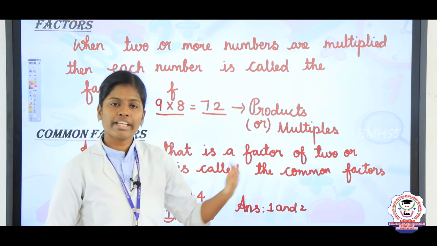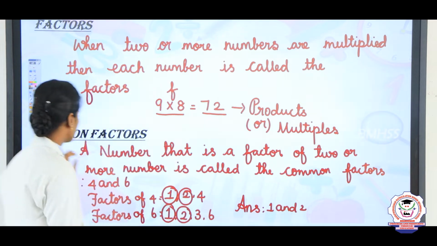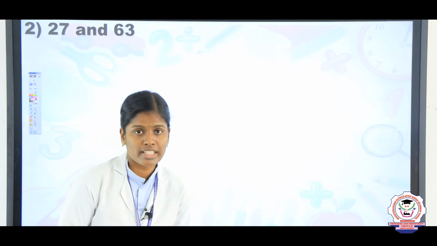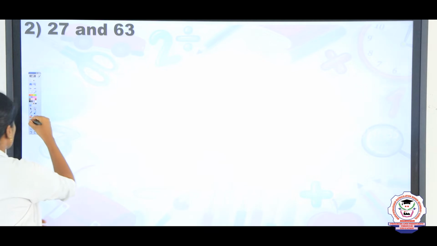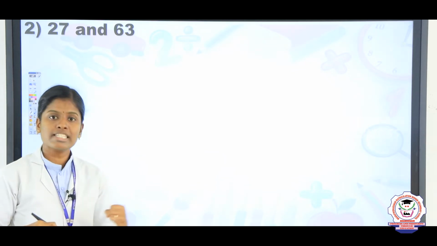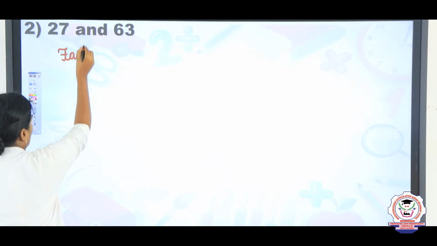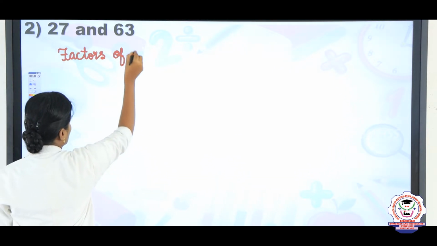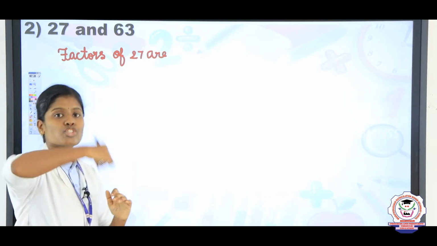Now we are going to see the common factors related problems. 27 and 63. First you are going to find the factors of 27, then the factors of 63. Write factors of 27 are, then we are going to find the factors of 63.